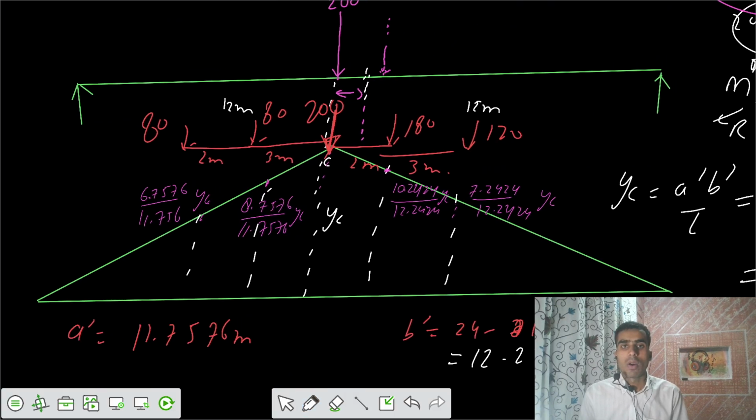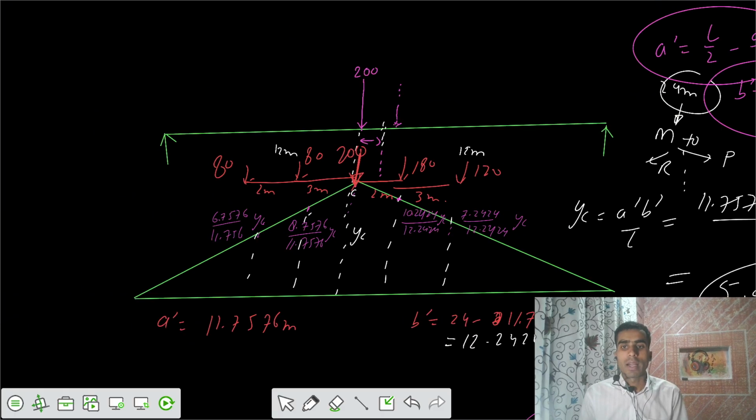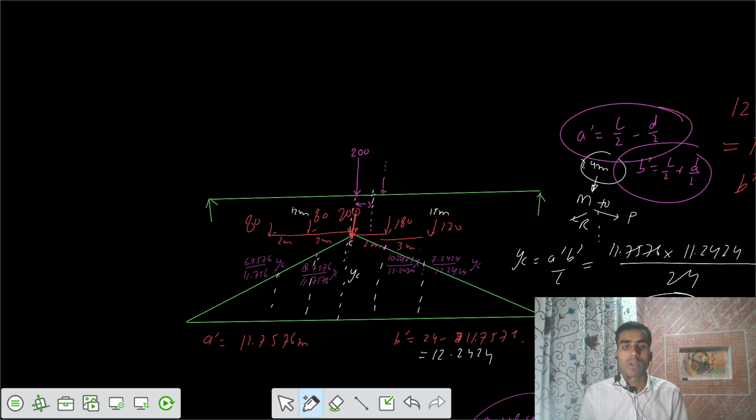You multiply those loads with the ordinates, and you can get the V absolute, that M absolute anywhere in the beam.